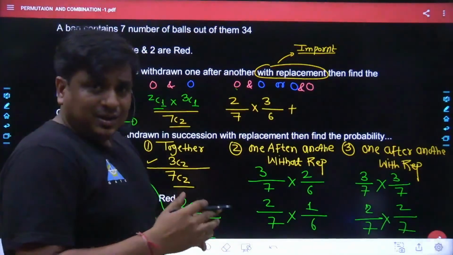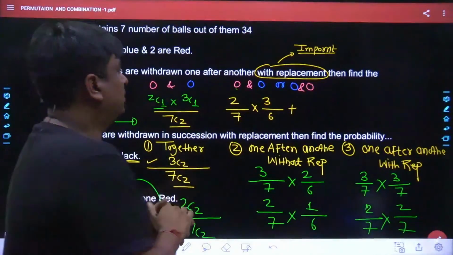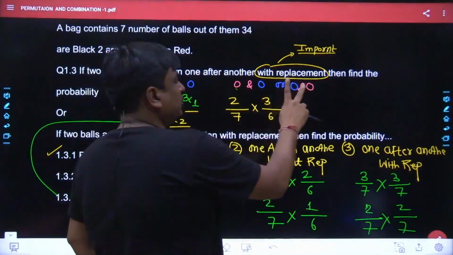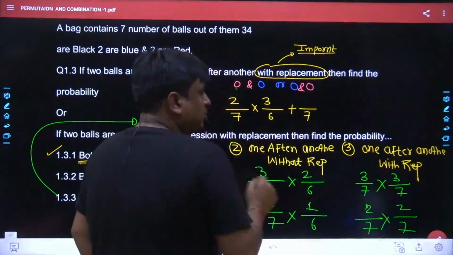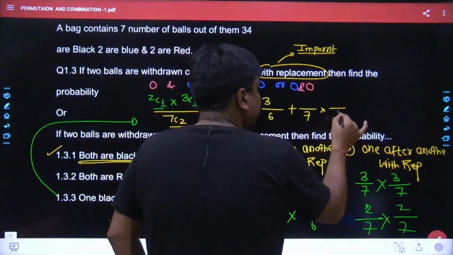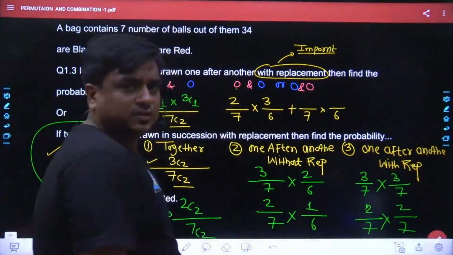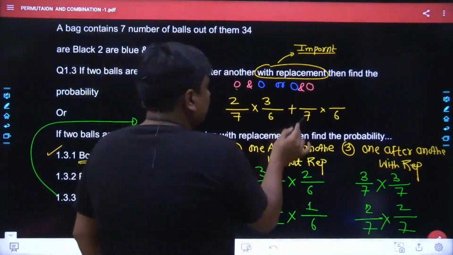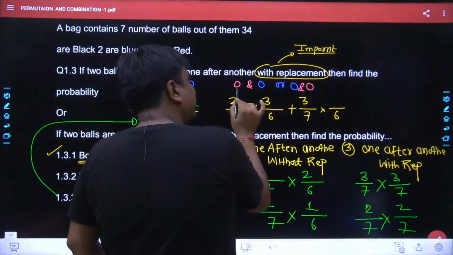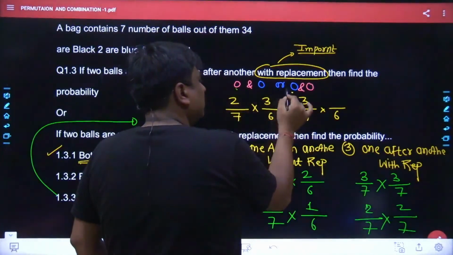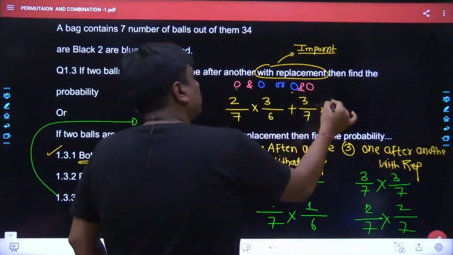See, if you really understand what is happening here, if you change the order, what is going to happen? Here it is going to be 7, and as the deficiency takes place, here it is going to be 6. In the numerator, we are going to have 3, because rather than having red first, we had black first. And now here comes 2.